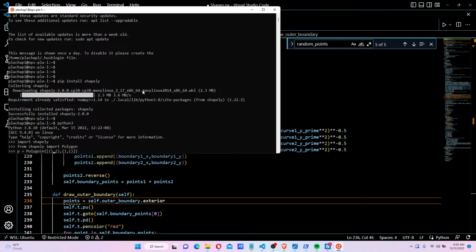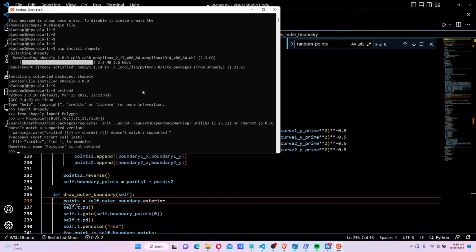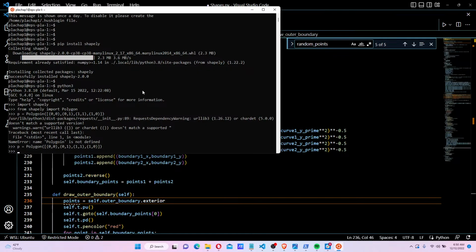Points are 0, 0, 0, 1, 1, 1, 1, 0. So the unit square. P dot exterior.